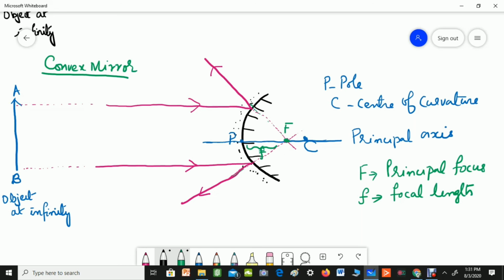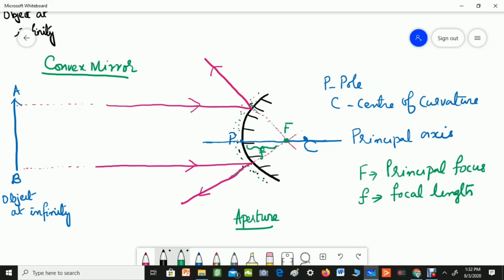Usually the reflecting surface of a spherical mirror is by and large spherical. The surface then has a circular outline. The diameter of the reflecting surface of a spherical mirror is called its aperture. So we come to know one more term, aperture. Aperture is the diameter of the reflecting surface of the spherical mirror. This is the reflecting surface.